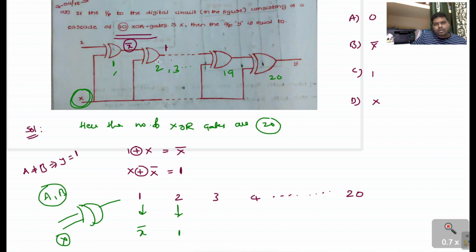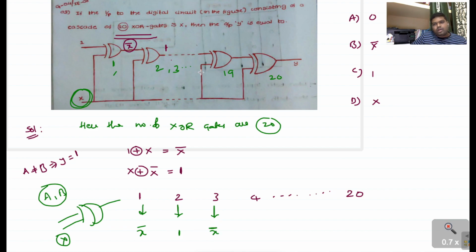Here we have 1, and here we have X, that is applicable for the third gate. What is the third gate output? 1 XOR X, then the output equals X bar. So the third gate output is X bar.